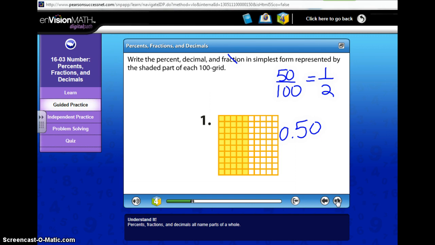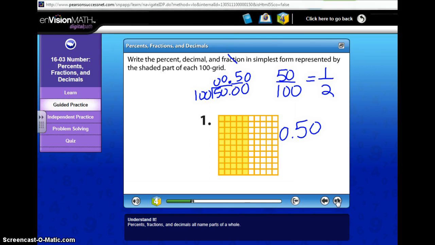And this is what we would get. Or, like Cole said, we could do this and see what we got. We would get, oh my goodness, I'm getting dizzy. So 50 over 100 is 0.50.